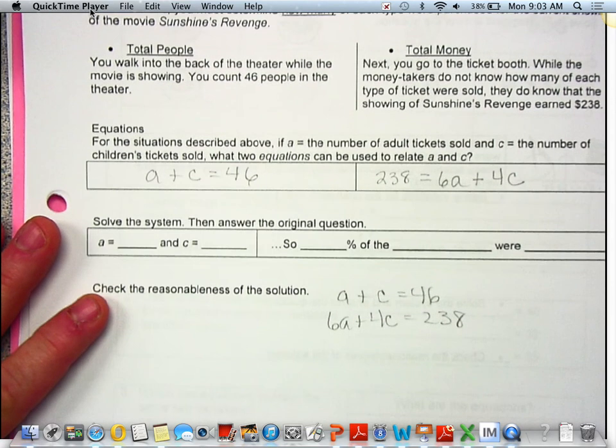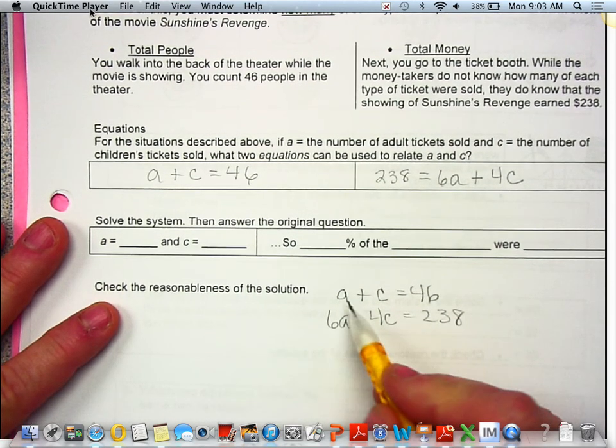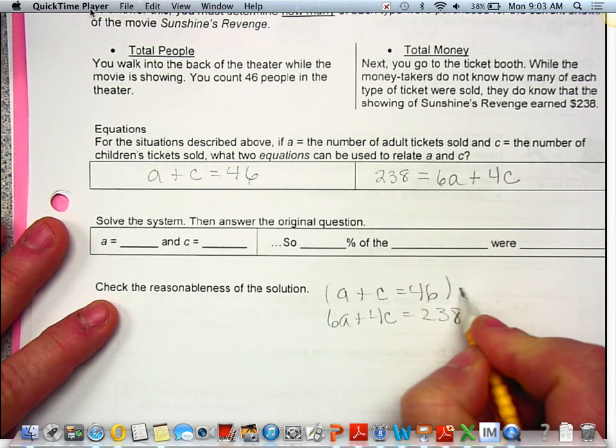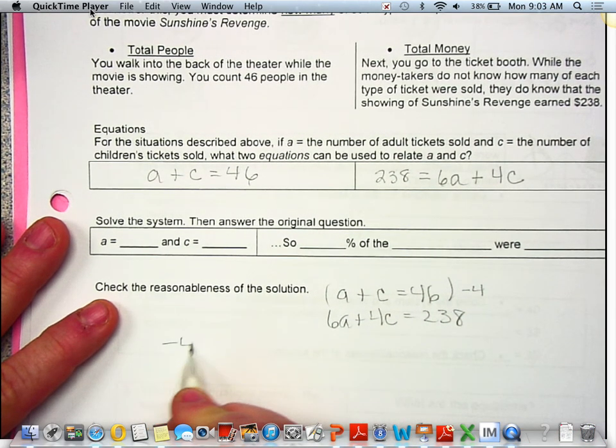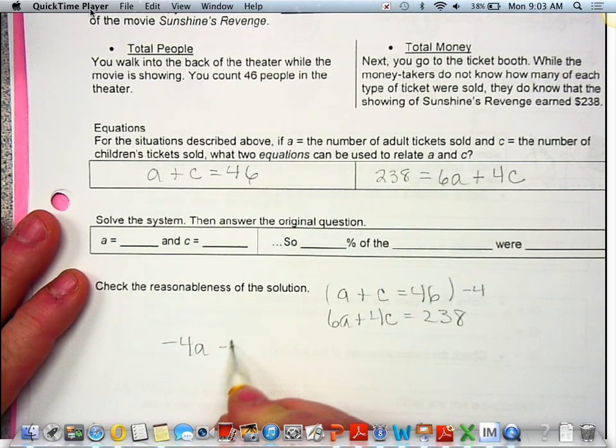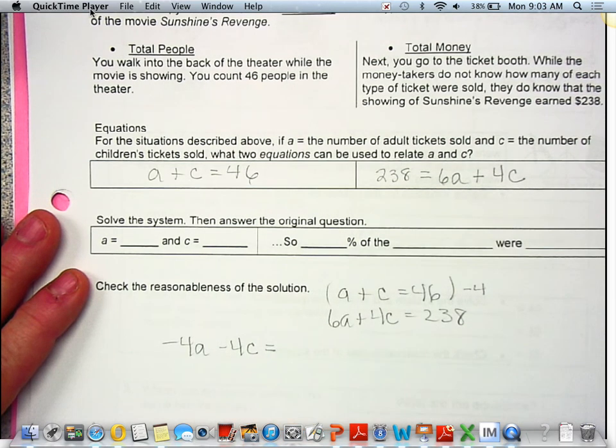Elimination. What are you going to multiply this top equation by? -4. So we'll have -4A minus 4C equals 46 times -4, which is negative 184.